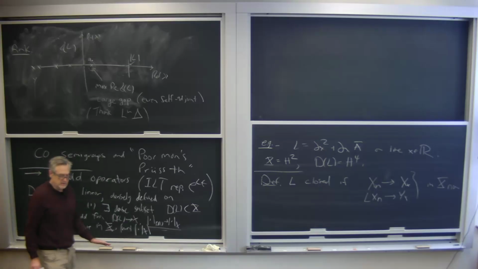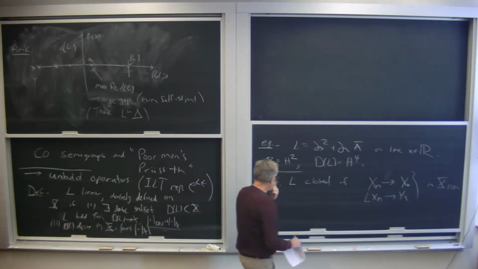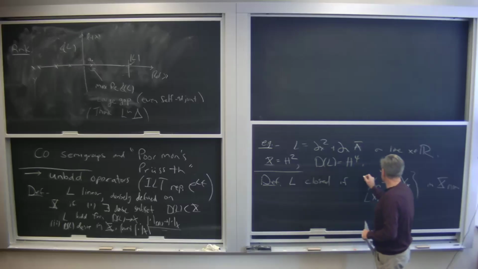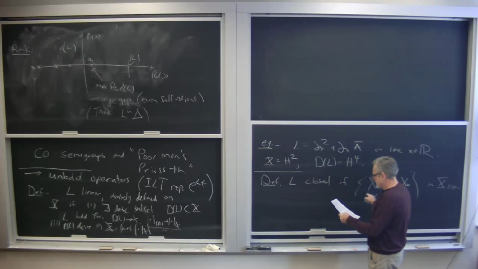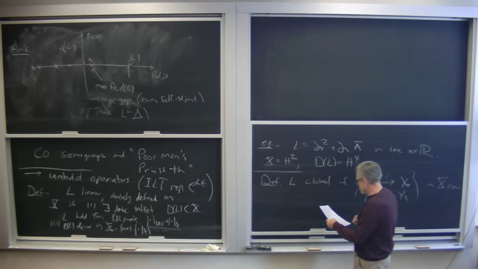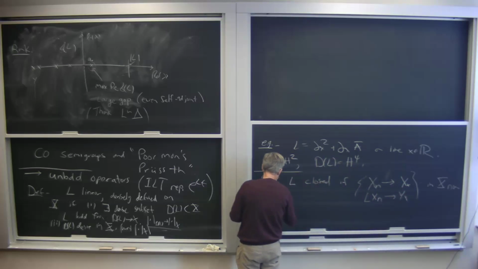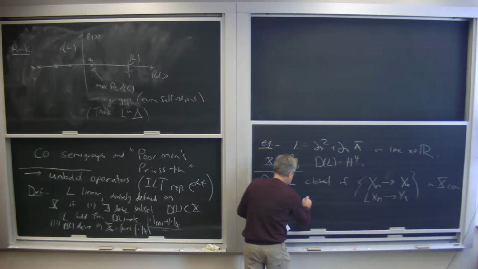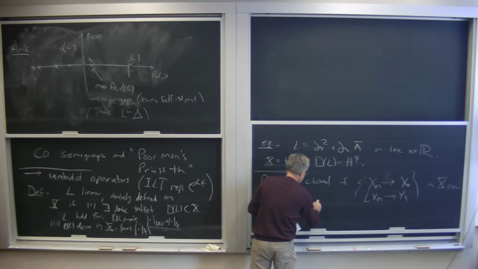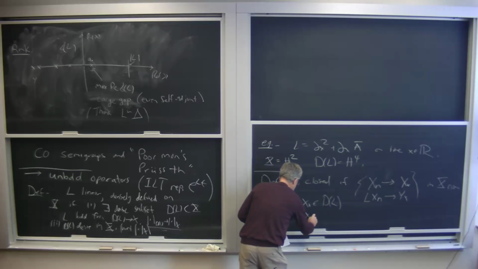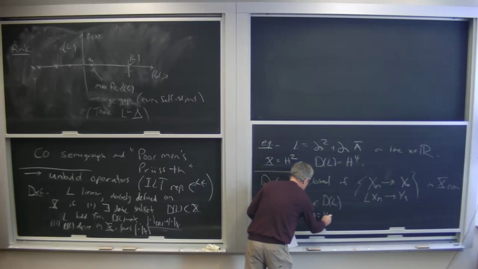Okay, so that's a standard setup for an unbounded operator. And then this is the rest: if these two properties hold, then X star is in D of L, and L X star equals Y star.